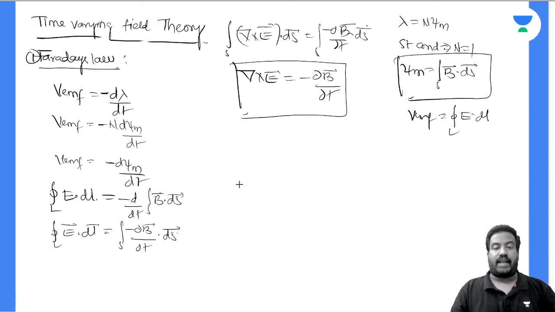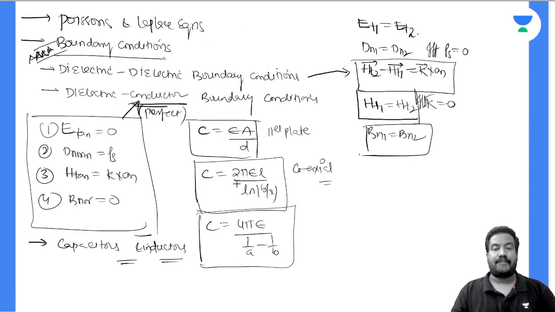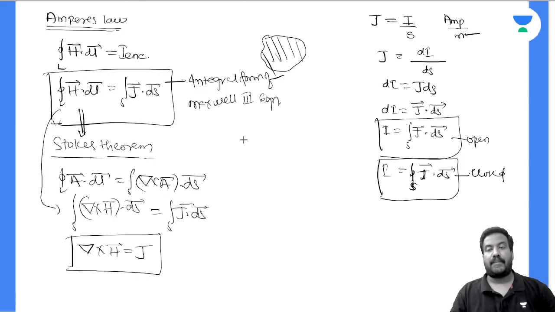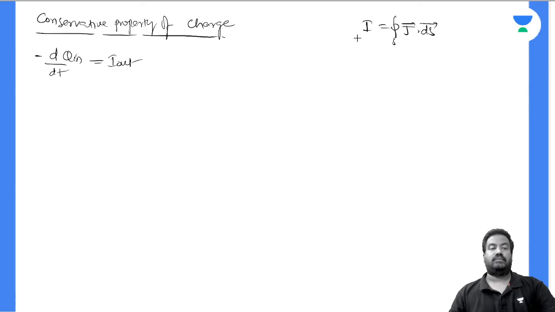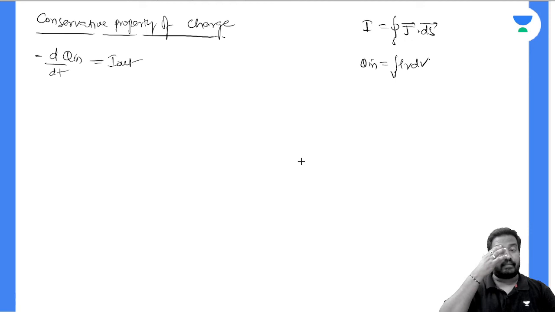We discussed this here, am I right? And Q in also we have discussed. Q in is the volume integral of rho v dv.